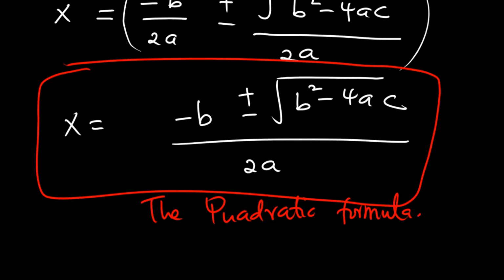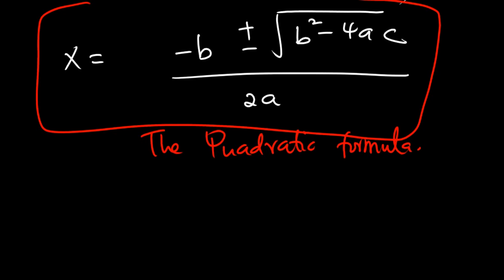So for example, let's say we have a quadratic equation, 4x squared plus 12x plus 9 is equal to 0.